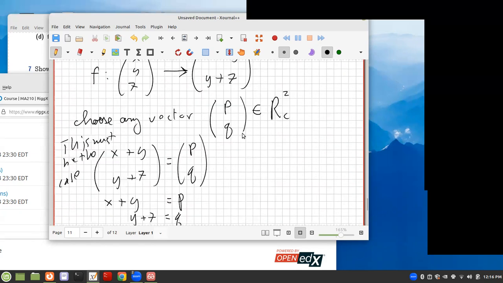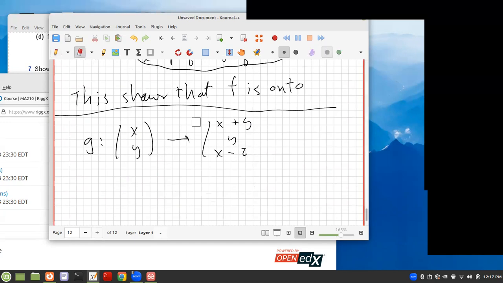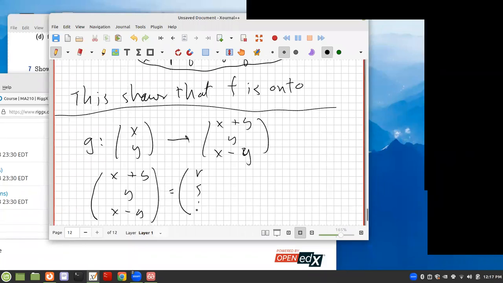This is G. G is the map from X, Y to X plus Y, Y, and X minus Y. If we wanted to detect whether this was onto, we would take this image, X plus Y, Y, and X minus Y, and set that equal to R, S, and T. Because we have to be able to choose an arbitrary vector of R3 and ask: is there a vector that comes from this? Can we solve this for any R, S, and T?